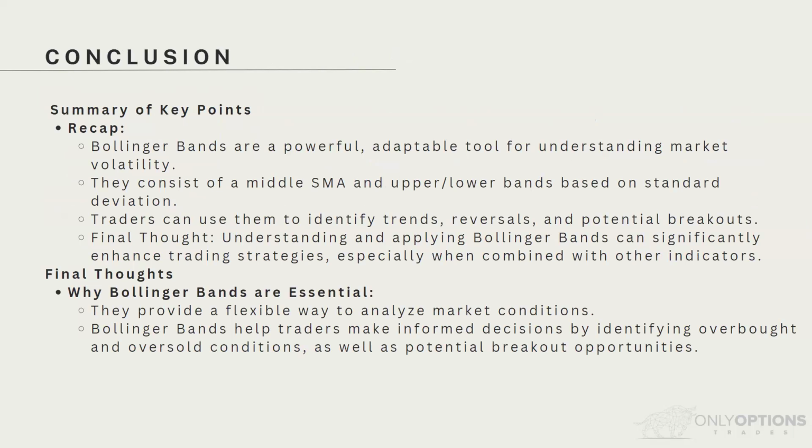It can help you to identify the trend, a reversal, or a breakout, and understanding and applying the Bollinger Bands can significantly enhance your strategy, especially if it's combined with other indicators. So why are the Bollinger Bands essential? Well, they provide a flexible way to analyze markets, and they will give you a better decision by identifying if we are oversold or overbought.